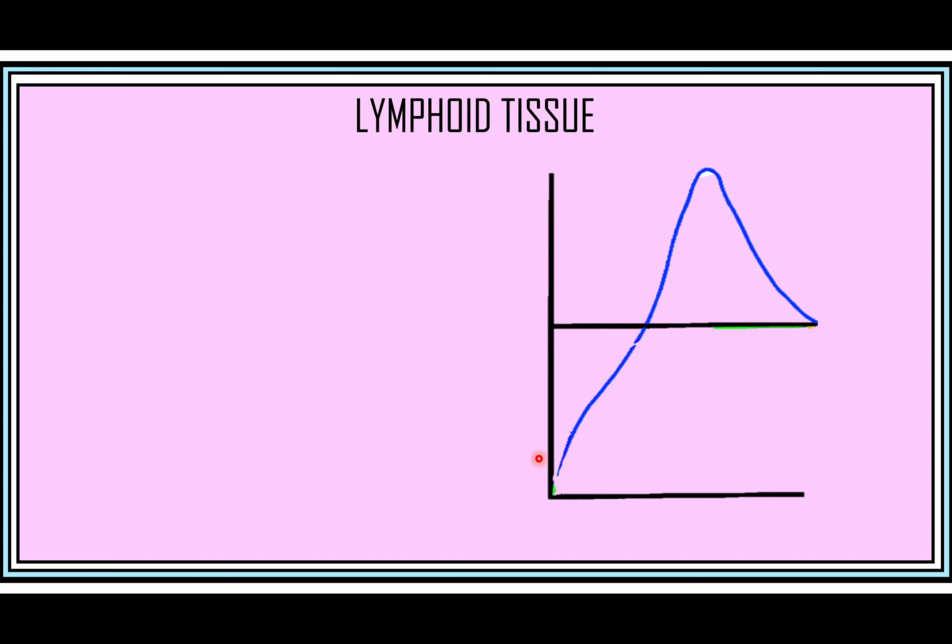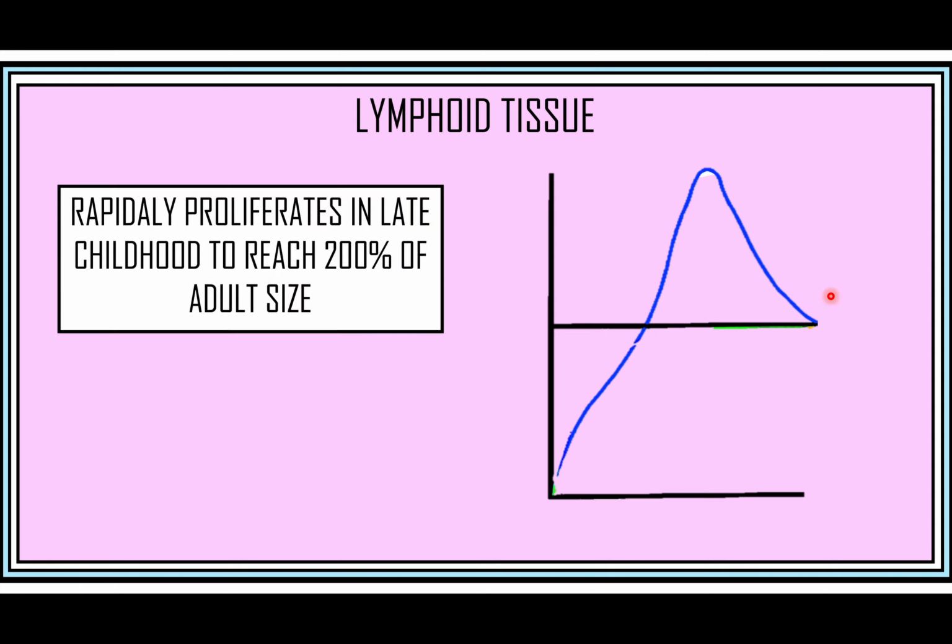We can see here it grows very rapidly and reaches 200% of adult size at almost 10 years, and then it involutes or shrinks to its adult size at adolescence. It rapidly proliferates in late childhood to reach 200% of adult size.